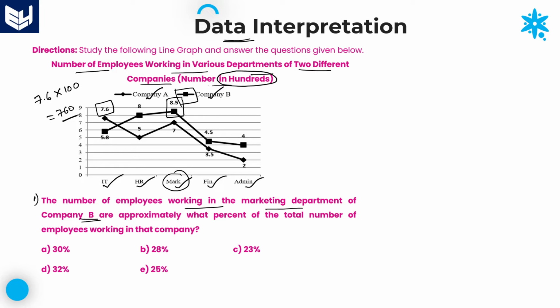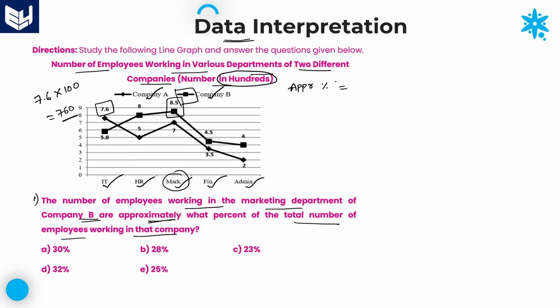Now that particular value is approximately what percent of the total number of employees working in that company. The question is very clear that we need to calculate the approximate percentage.